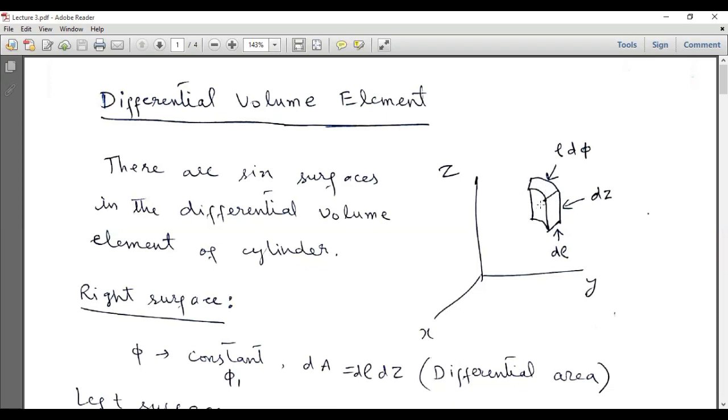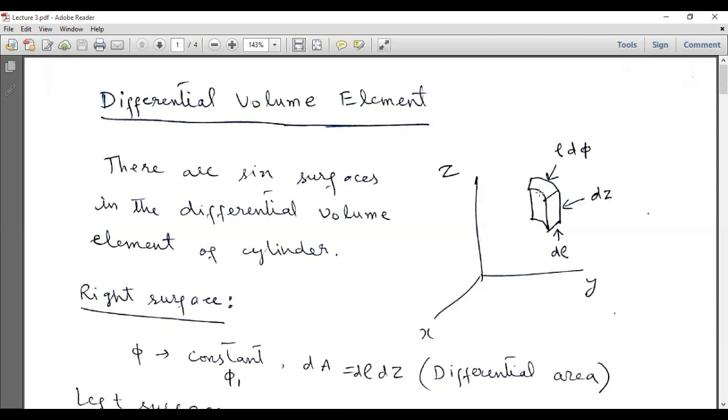And now the two surfaces left are the inner surface and the outer surface. For the inner surface, the differential area will be equal to rho d phi multiplied by dz, and rho will be equal to rho 1 for this inner surface, and the surface area of the outer surface will be rho d phi multiplied by dz, and rho will be equal to rho 2 for the outer surface.